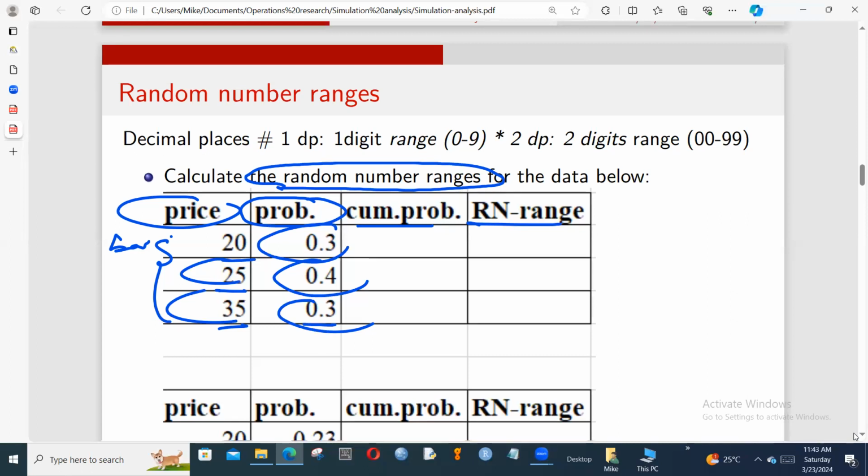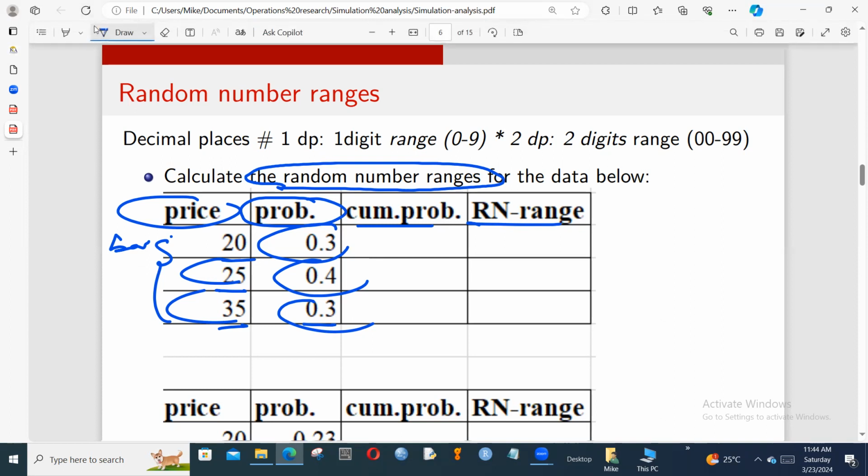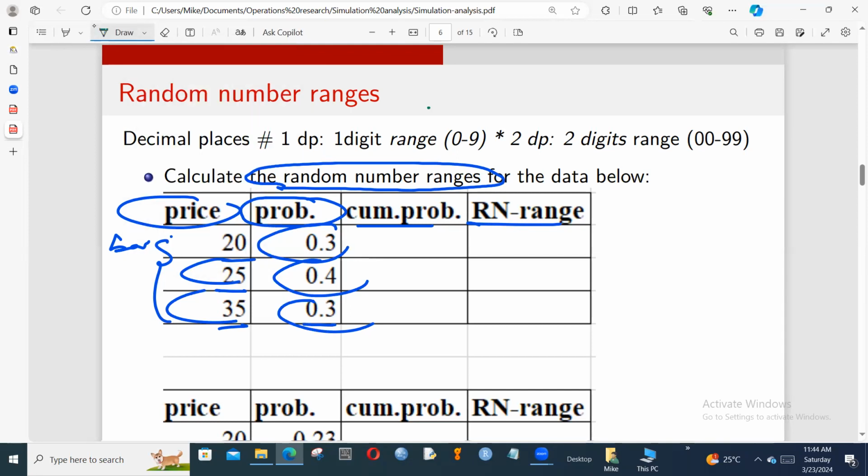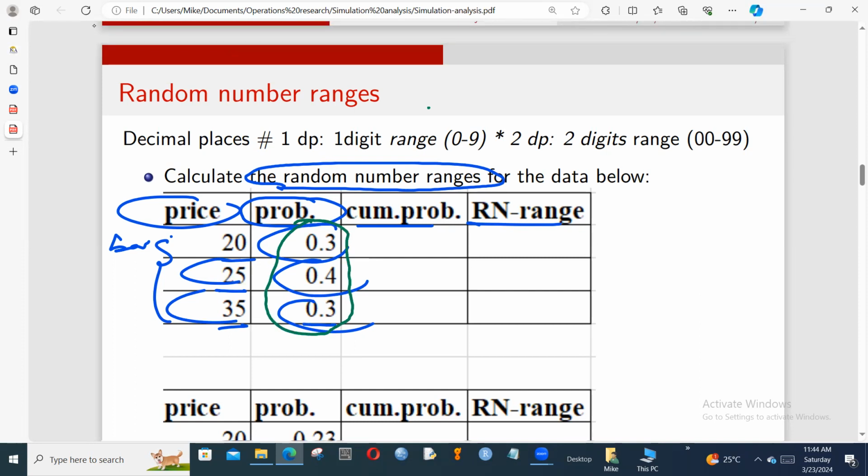So how do we create the random number range? First of all, we create the cumulative probabilities, and we do them just like we do cumulative frequencies. But even before you begin getting the cumulative probabilities, it is paramount to check that the sum of the probabilities of all those outcomes is actually 1, because you can have scenarios where the probabilities are not summing up to 1.